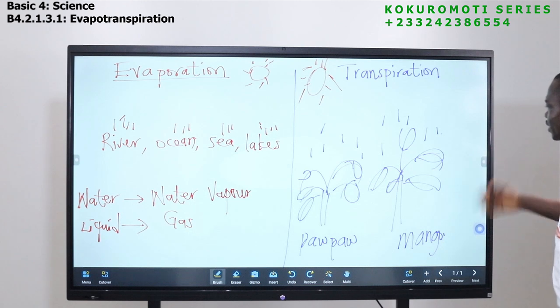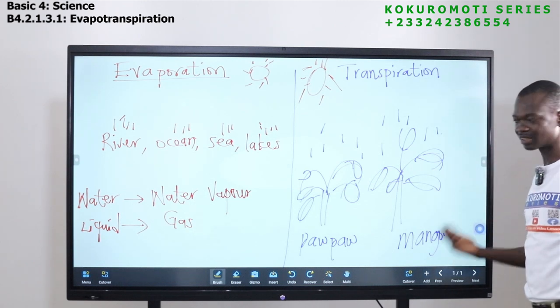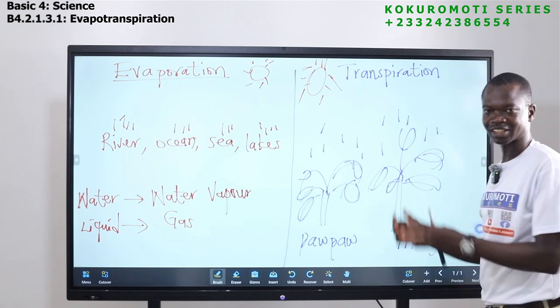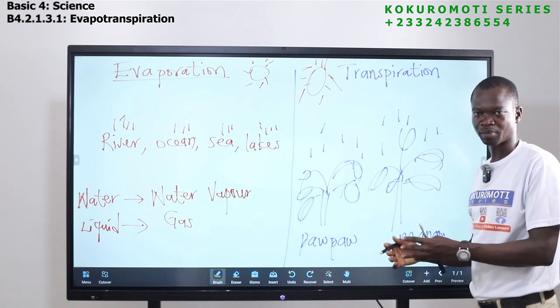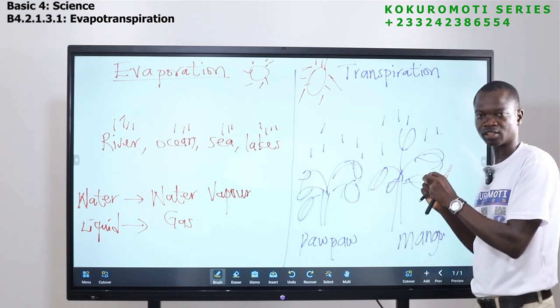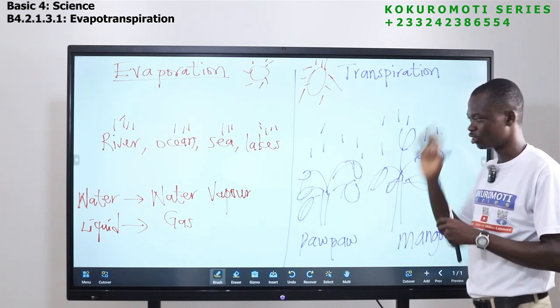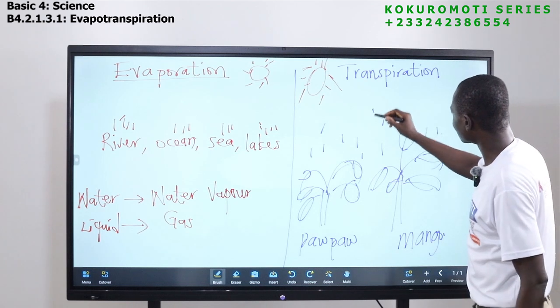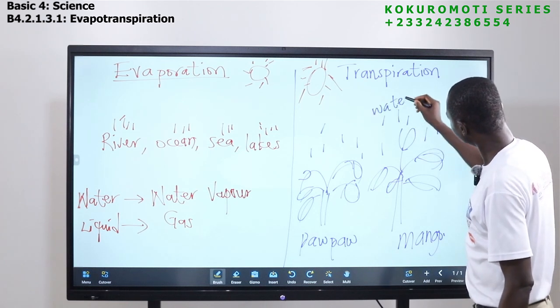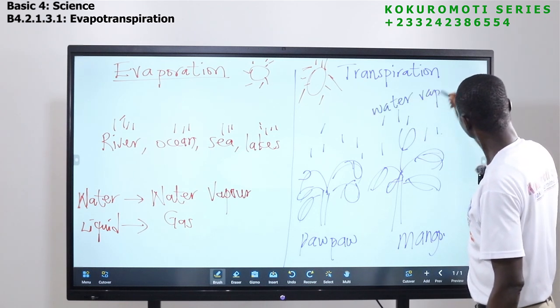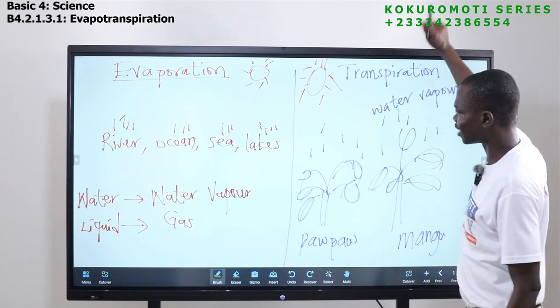There are different plants, you can mention them, and all of them lose water in the form of water vapor through the leaves into the atmosphere. This is water vapor. Where does it go? It goes into the atmosphere.